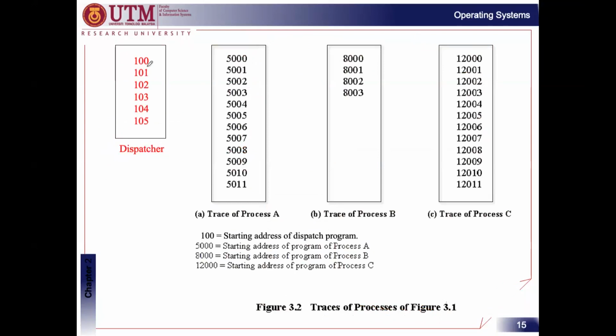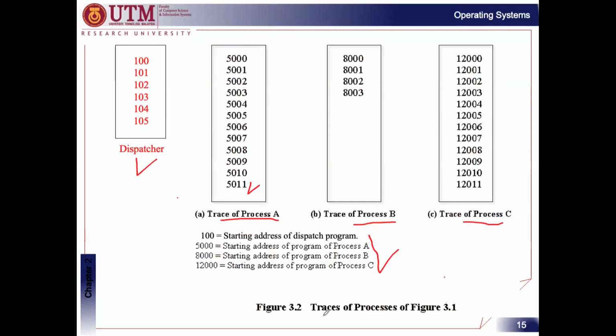So there is a range from 100 to 105, which is the dispatcher. Then process A starts at 5,000 until 5,011, and also for process B and process C. This is the detail of that.